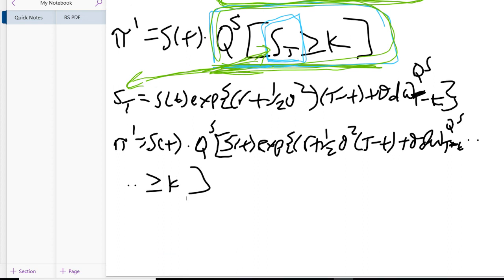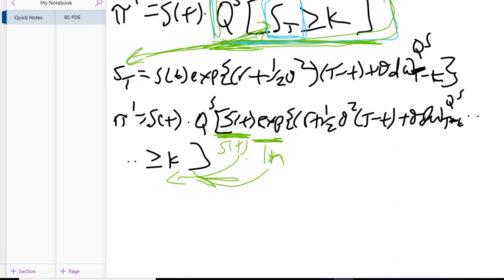What I would do is divide both sides by S. Then I would also take logs of both sides to get rid of the exponential. And then I would move this remaining term to the other side, leaving the following.